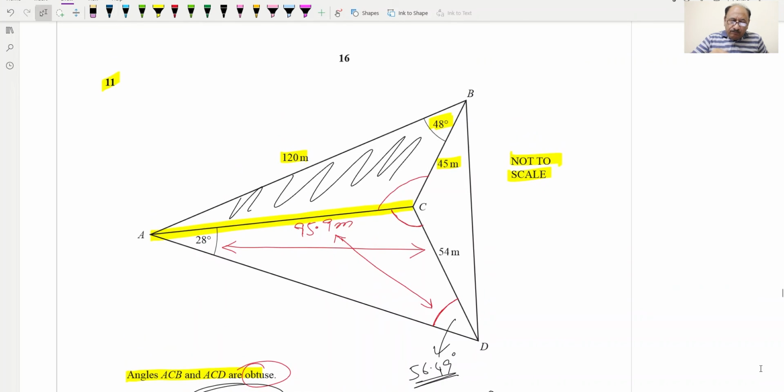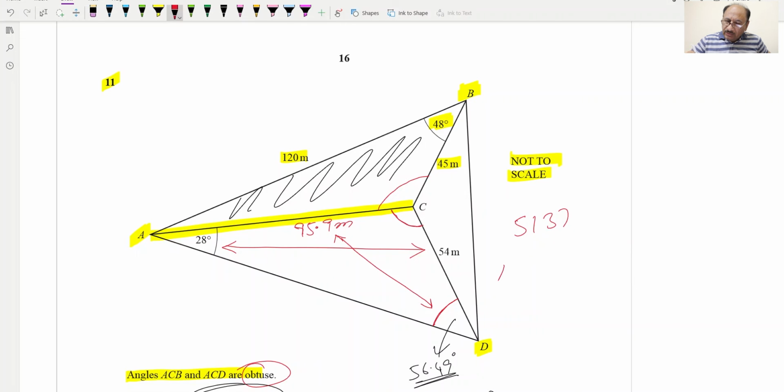ABD is complete shape. ABD is the bigger triangle, which is including this whole thing. So ABD, A is this one, B is this one, D is this one. They are saying this area is 5137, and they are asking for the area of BCD.